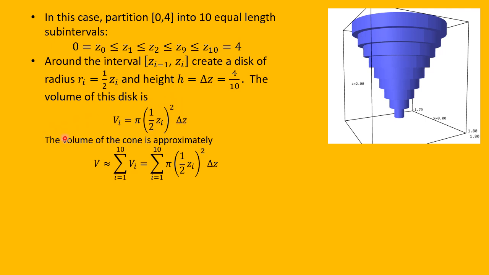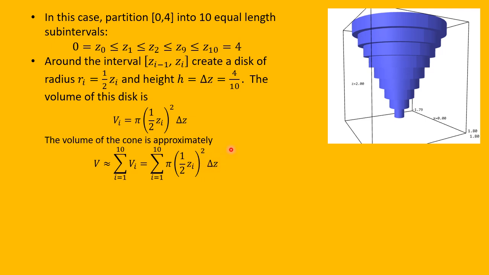And so the volume of the cone then is going to be approximately just the sum of all of these disks. So we get the sum i goes from 1 to 10 of the v sub i's, which by this formula up here is the sum i goes from 1 to 10 of pi, and here is the r squared basically, and here is the height, which is dz.